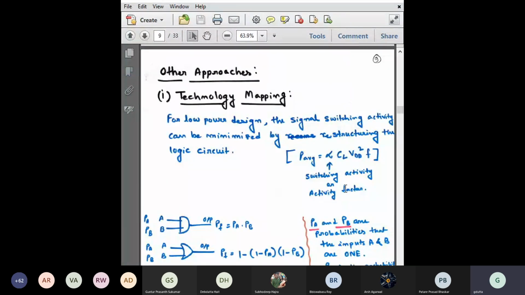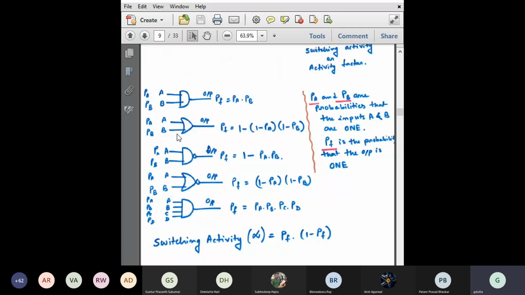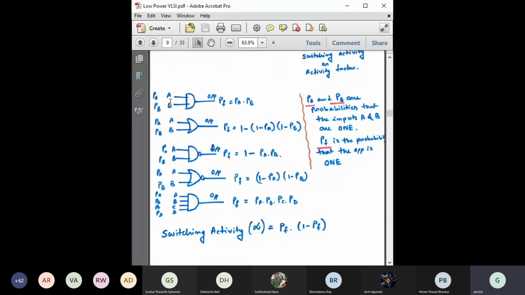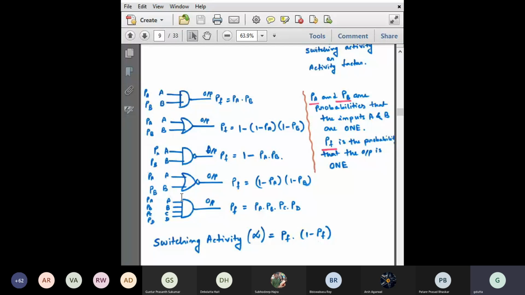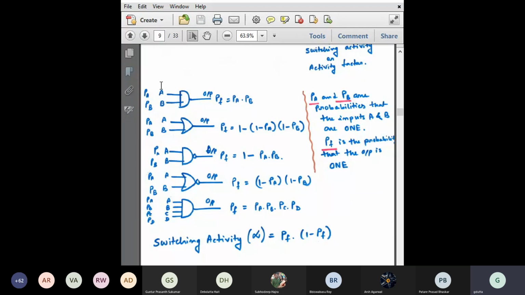So how do you define switching activity? Before that, we should know these common gates. The first 4 gates are 2 input gates and the last gate is a 4 input gate. Here the inputs are A and B. We have defined 2 probability factors, PA and PB.